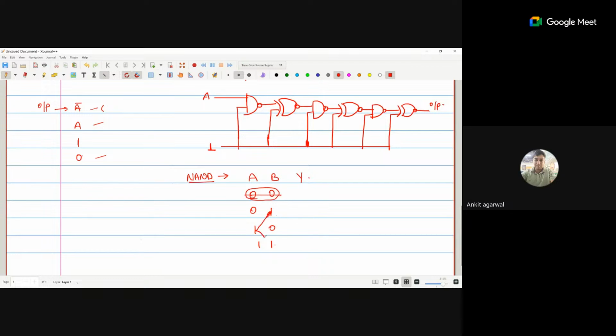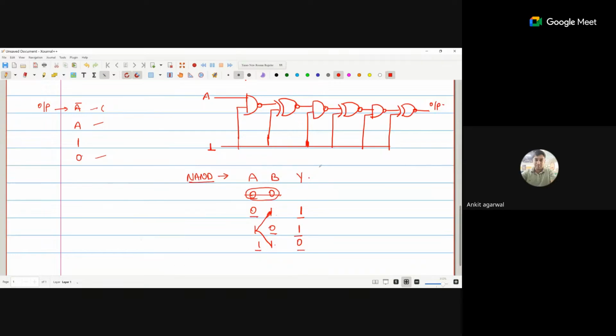So we are talking about these three conditions. If any of the inputs is 1, we are getting the complement of the other input as output. Okay, so for 0 input we are getting 1, for 1 input we are getting a 0.